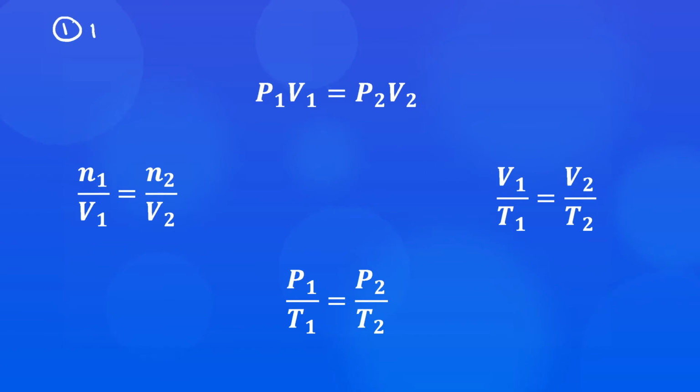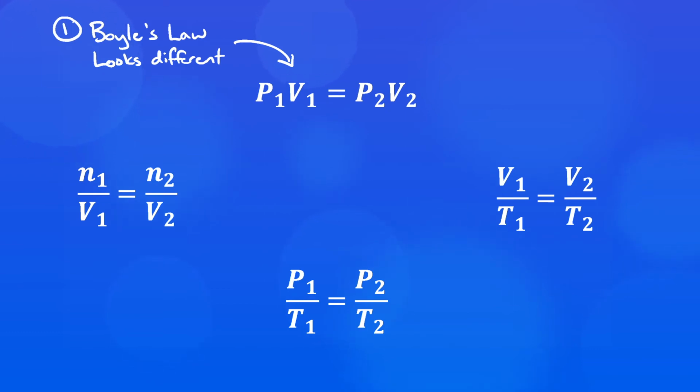Point number 1. Boyle's law looks different. Most of the gas laws, if you'll remember, are direct proportionalities, meaning that they describe a situation where changing one property causes the second property to change in the same direction. You'll recall, though, that Boyle's law was different. It describes how pressure and volume are inversely proportional.